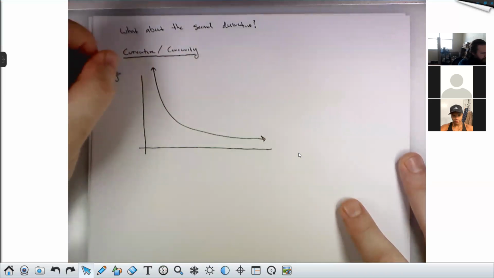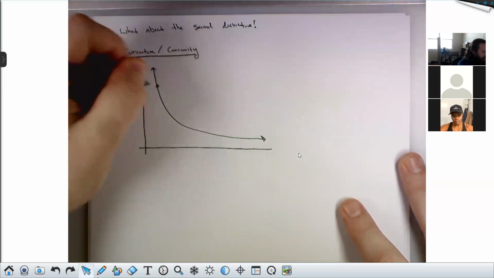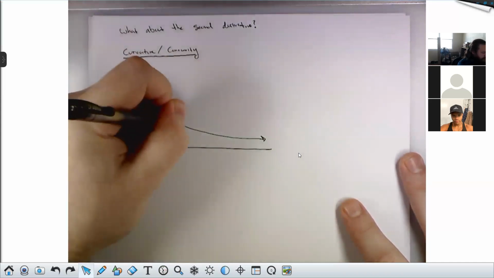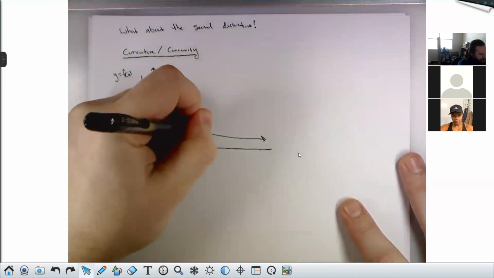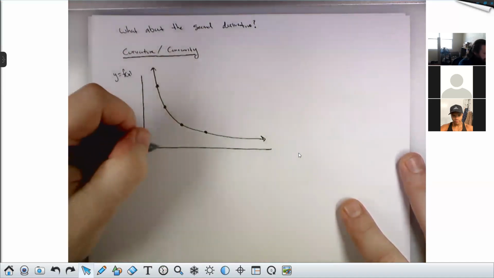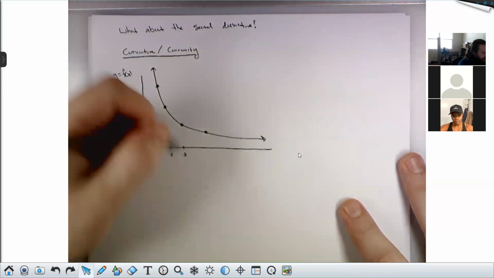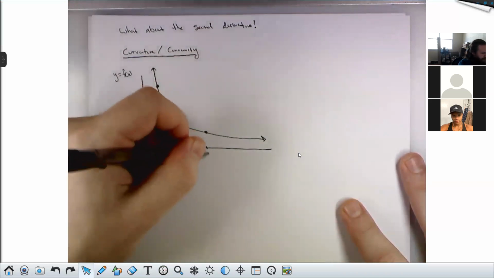Okay, here's the graph y equals f of x. And I'm just going to take a few points along this graph where I will estimate the derivative. We'll call this 1, call this 2, call this 3. I know this is way out here. I'll call this 4.